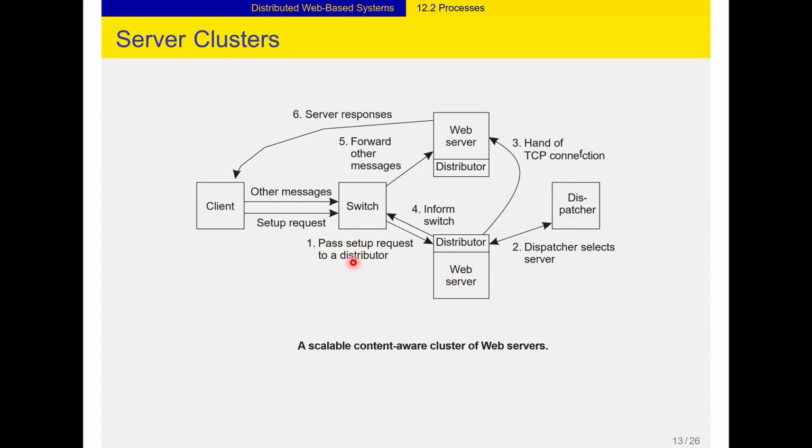So what it can see is only the TCP handshake. So what it does here is forward the handshake to the distributor, which is the web server, and the web server will send it to the dispatcher with the content aware logic.